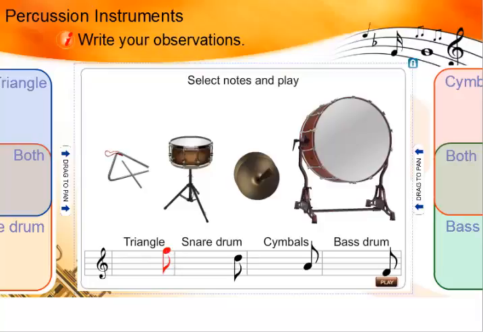Alright, the triangle is the highest. Snare drum is just a little bit lower. Followed by the cymbals. And the bass drum.